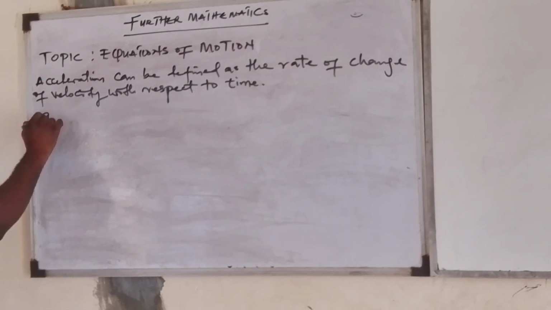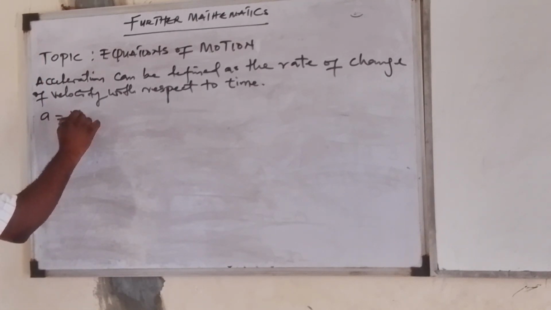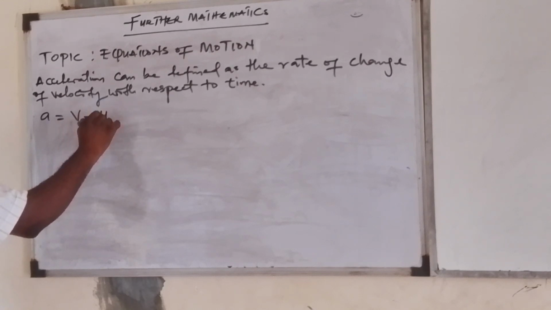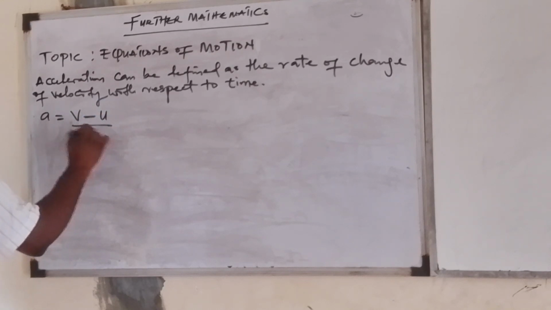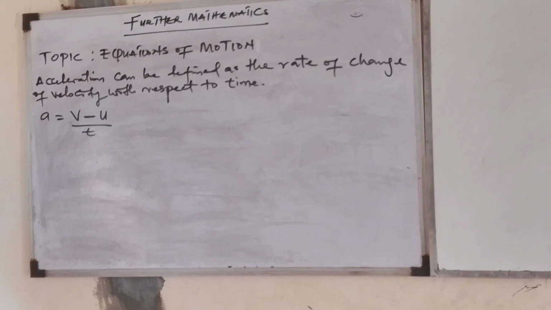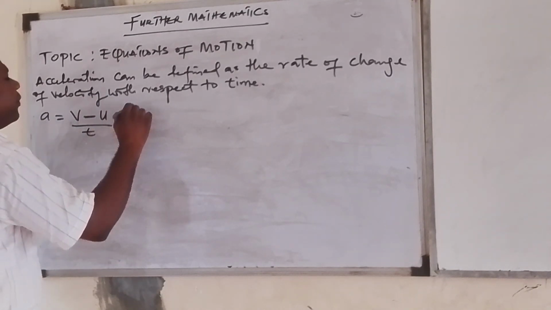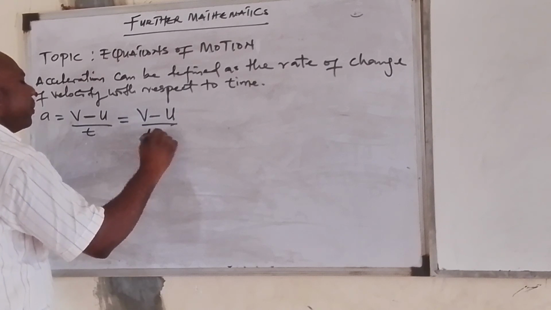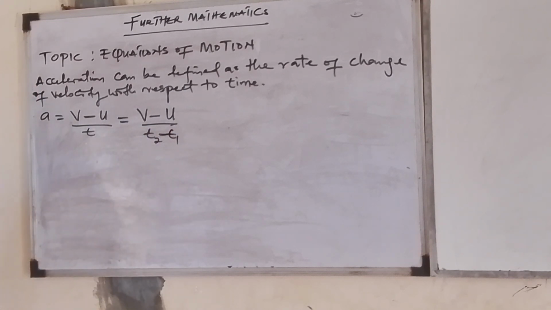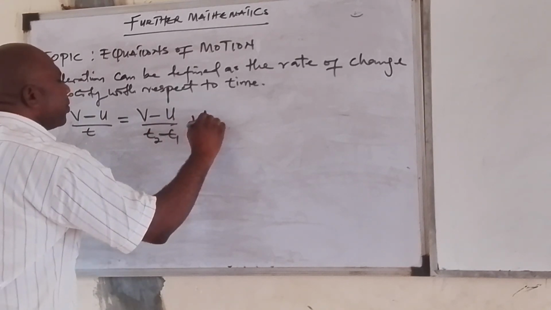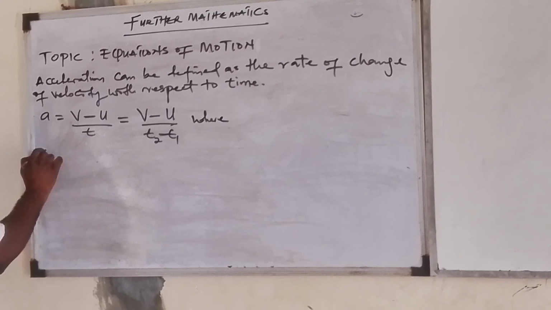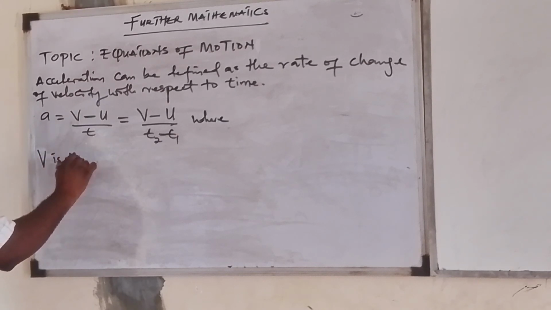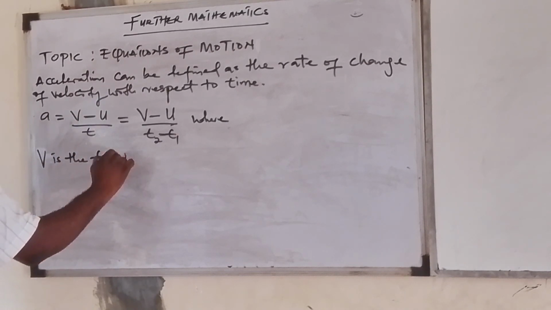Now, a, acceleration, is v minus u all over t. Okay? And of course, we can also express this as v minus u all over t2 minus t1. In this case, v is the final velocity.